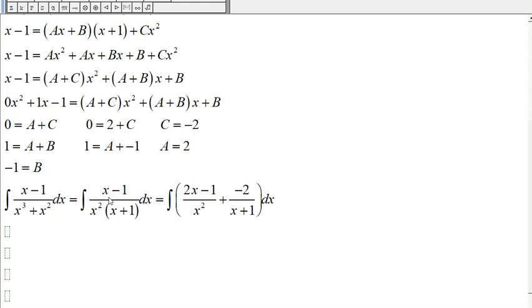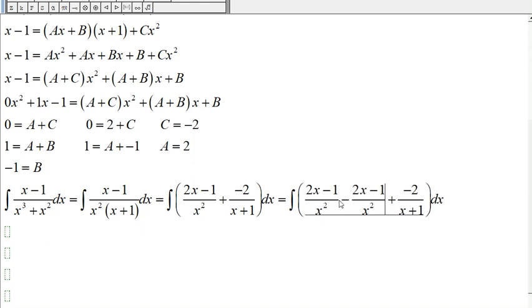And so the decomposition of (x minus 1) divided by x squared times (x plus 1) is (2x minus 1) over x squared, and then plus negative 2 over x plus 1. And then we can separate this even further. So (2x minus 1) divided by x squared is the same as 2x over x squared, and then minus 1 over x squared.